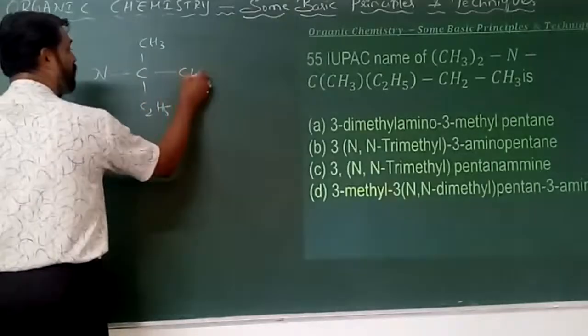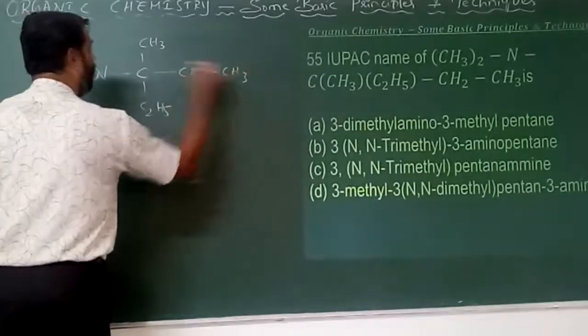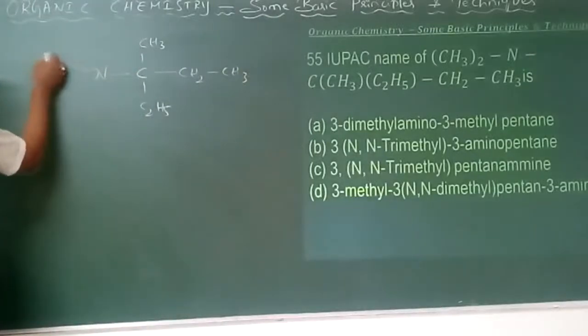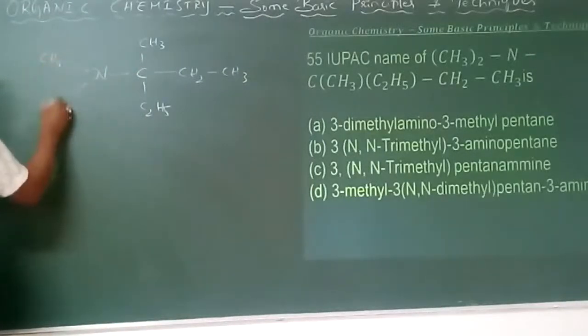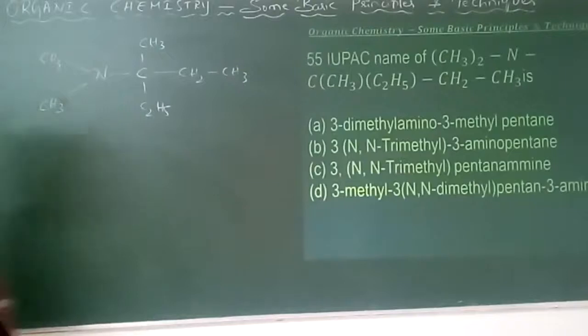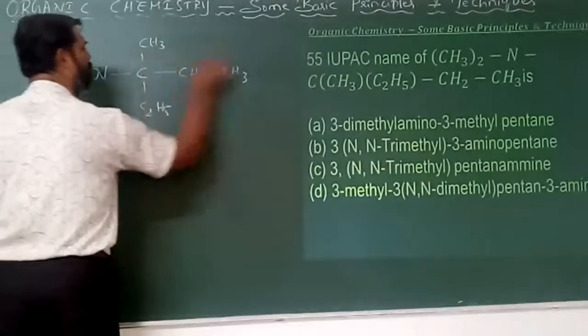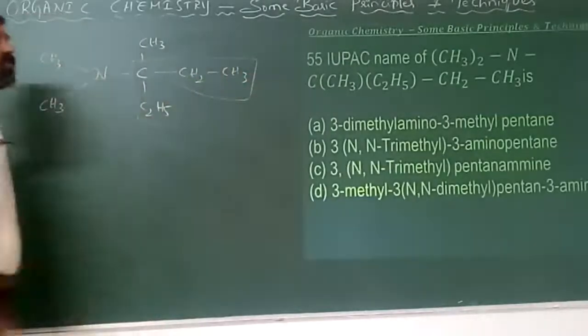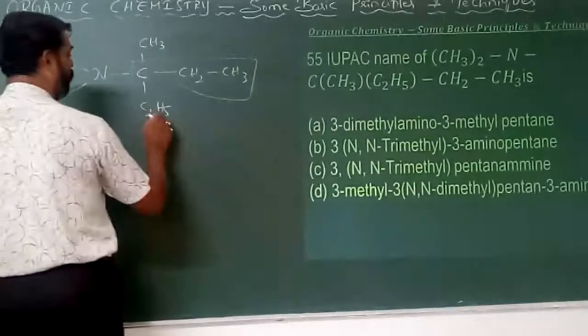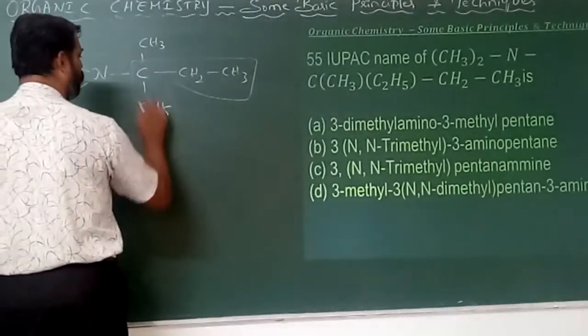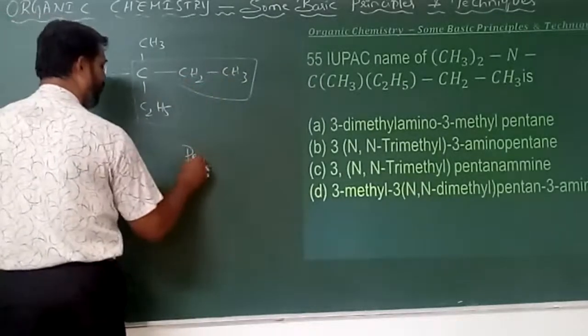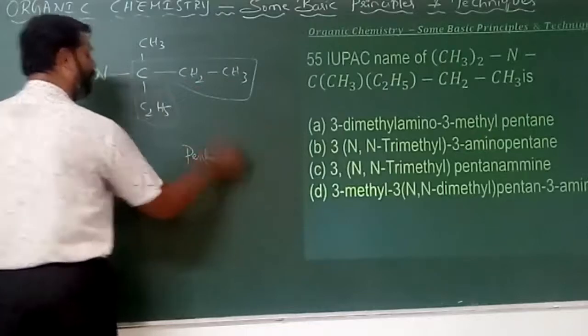Then CH2, CH3, and N is attached to CH3 as well as CH3. So what is the IUPAC name for this? First, select the root. Leave this 3, but here it becomes 4, sorry, not 4, it is 5. 1, 2, 3, 4, 5. It is pentane. Saturated means it is ane.